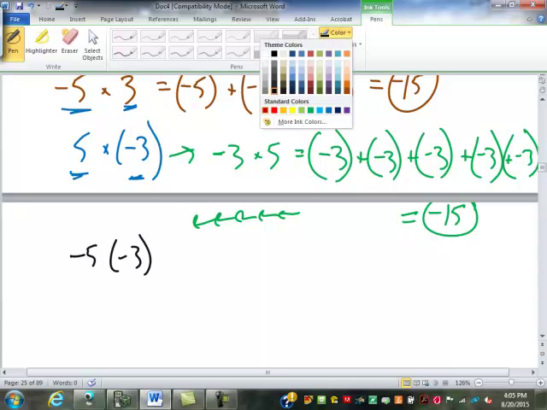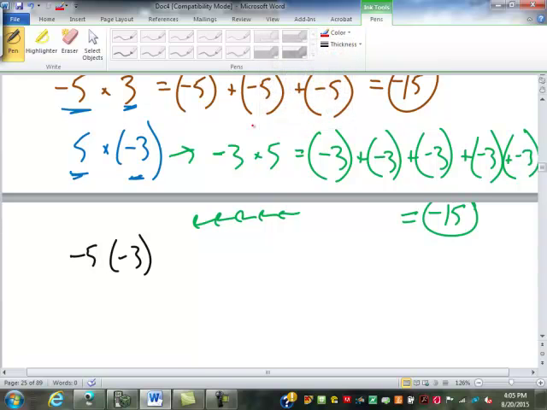Now, some of you are sitting there thinking, wait a second, we were taught to multiply that. What have we been taught that equals? 15. It's been pounded into us. A negative times a negative is positive. Yeah, the question is why? Good question.